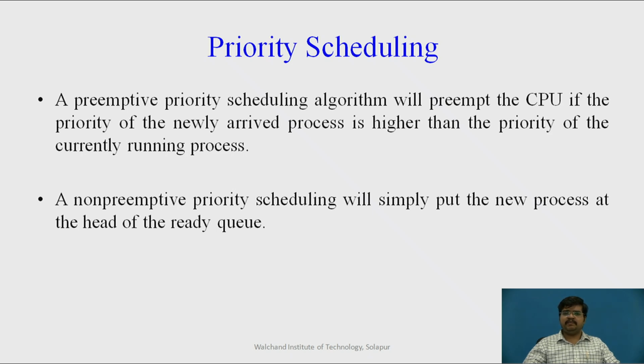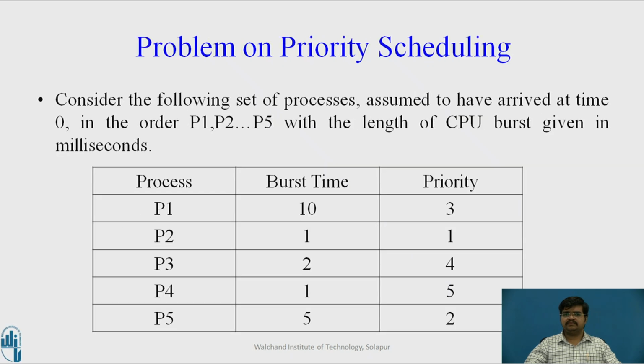In case of non-preemptive scheduling, we simply put the new process at the head of the ready queue. So in case of non-preemptive priority scheduling, the process is not preempted. Based on the priority, the processes are completely executed one by one.